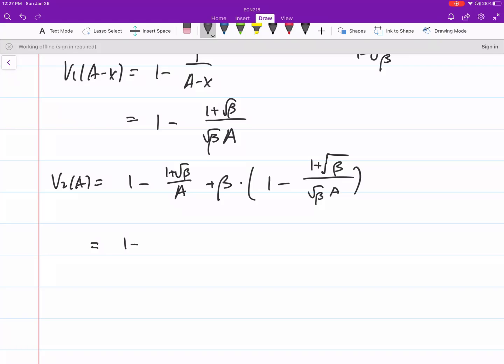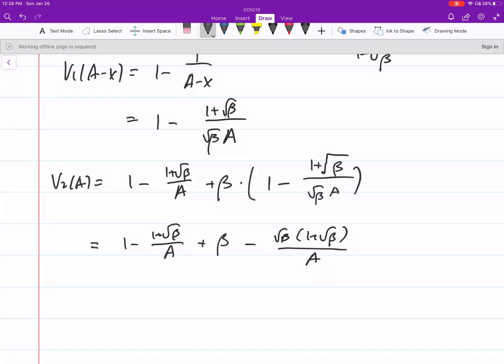We will have 1 minus 1 plus root beta over a over here, and plus beta and minus. If we look at what we have, we cancel one square root of beta, so we have root beta and 1 plus root beta over a.